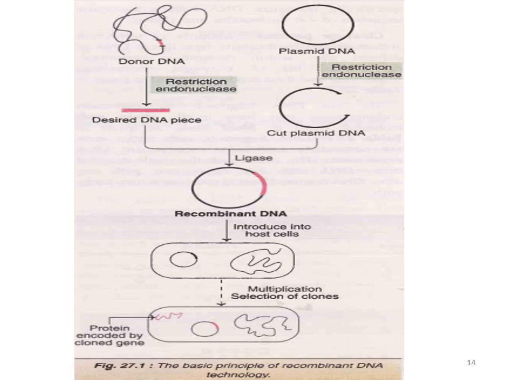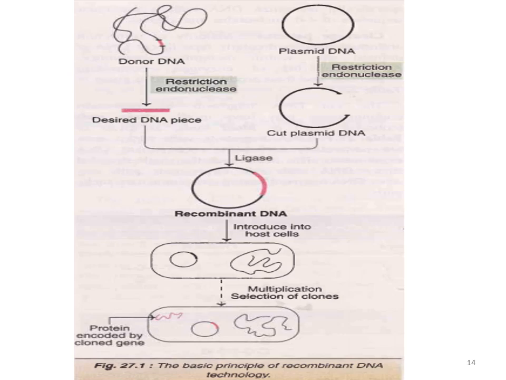Here you can see the basic principle of recombinant DNA technology in this figure. Both the donor DNA and the vector DNA, which is a plasmid DNA, are digested with the help of restriction endonucleases, which are the restriction enzymes.